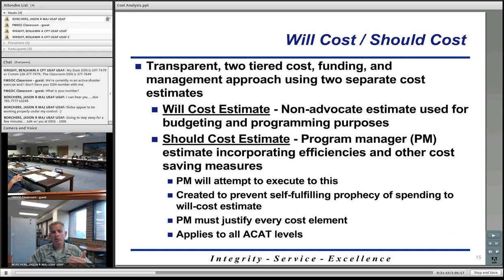And so what you end up with is a cost estimate that is less than your will cost estimate. And then the whole idea behind this is that the program manager will then try to work towards their should cost estimate, thus saving money off their original will cost estimate. So that's the whole idea behind this, really trying to find efficiencies maybe over and above what the program manager has been doing all along. So that is should cost.